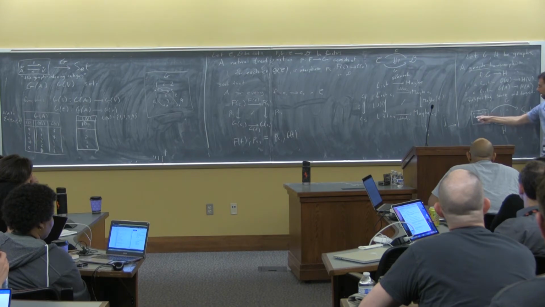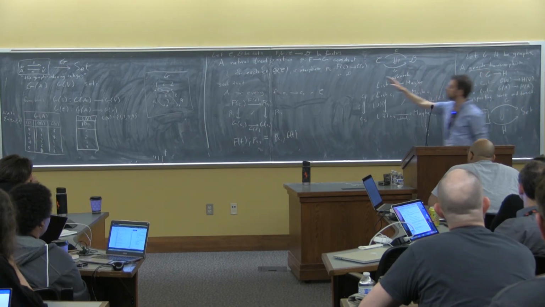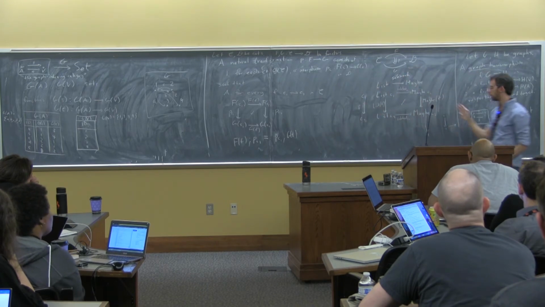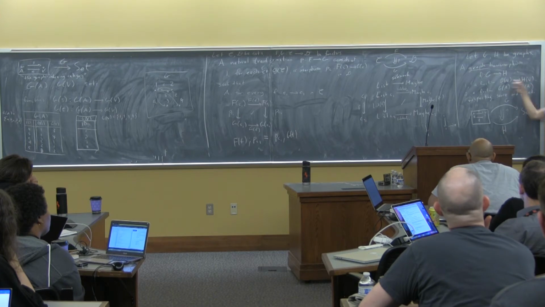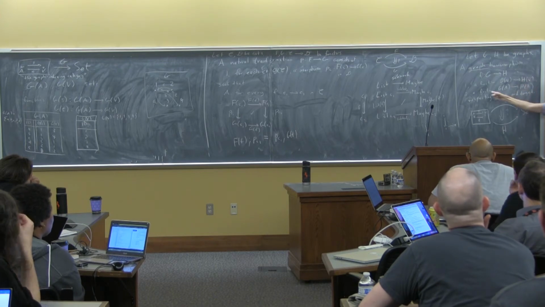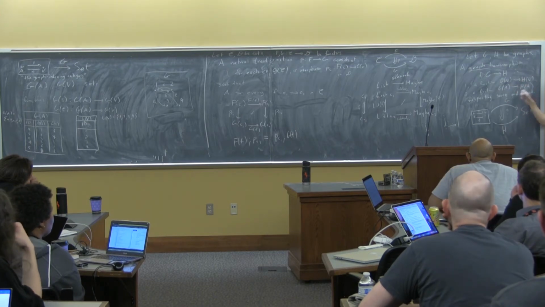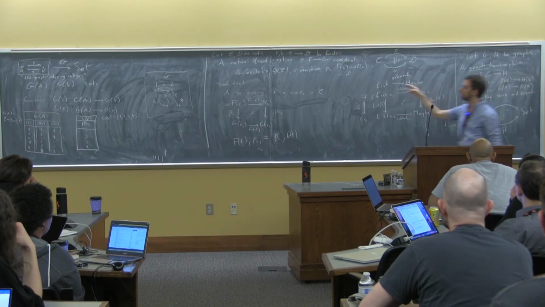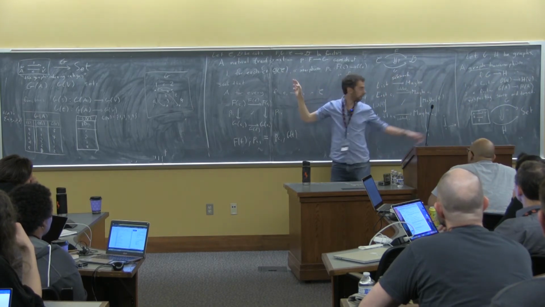So for V, we're supposed to give a morphism in Set from G of V to H of V. And I did give you one. I said you're supposed to give me one from G of A to H of A, and that's the other object in C, because this C over here has two objects.